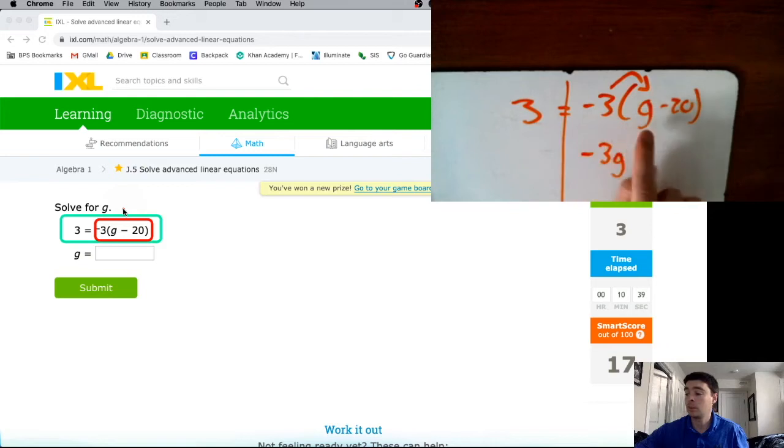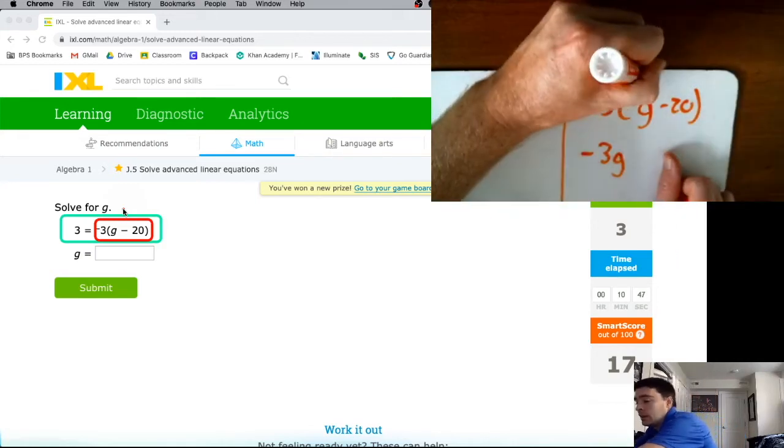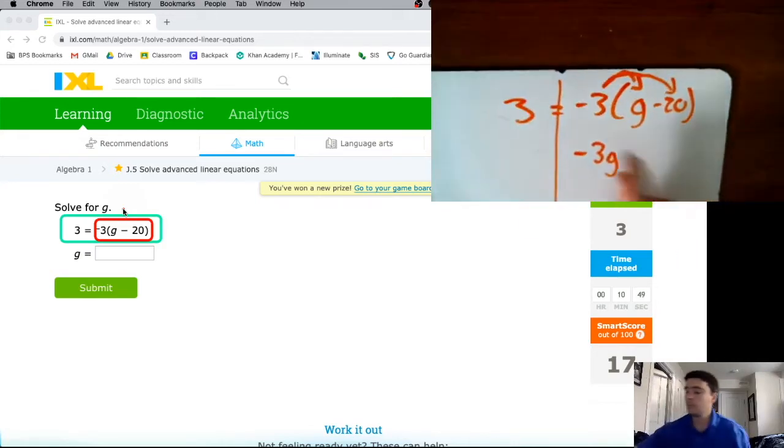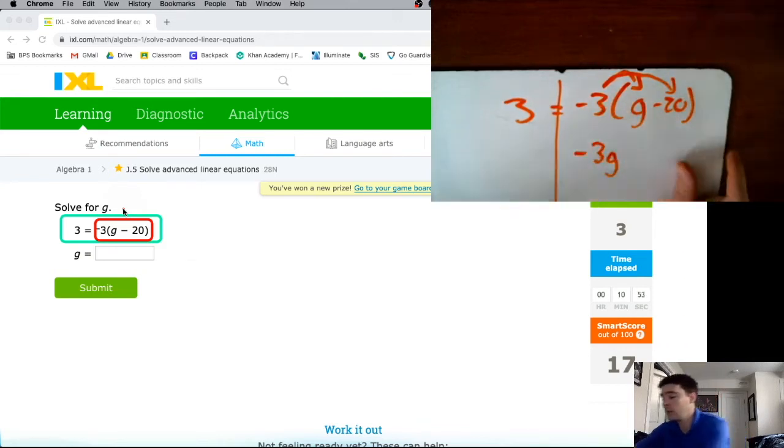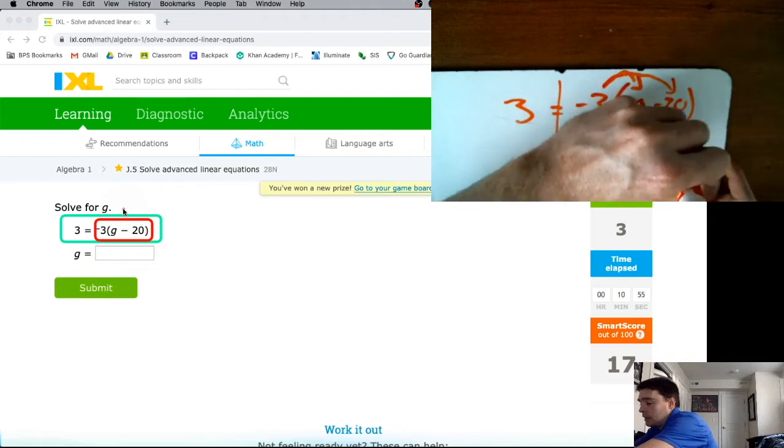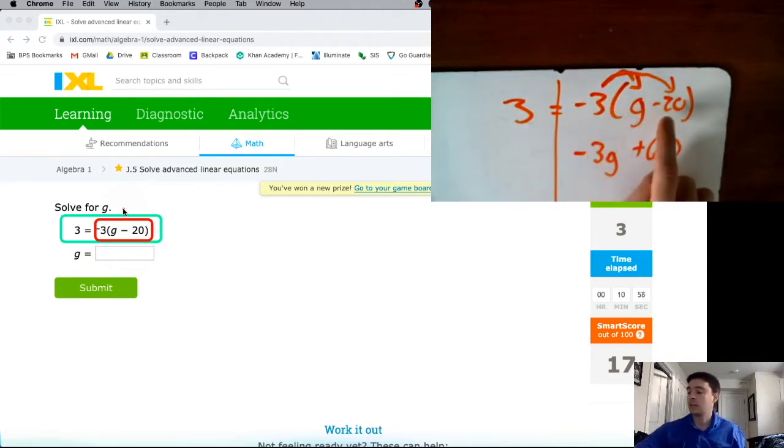This negative 3 was factored out of both terms, so if I want to get rid of the parentheses, I need to distribute or multiply the negative 3 back with both terms that are inside the parentheses. A negative times a negative, 3 times negative 20, is going to produce a positive answer. In this case, negative 3 times negative 20 gives us positive 60.